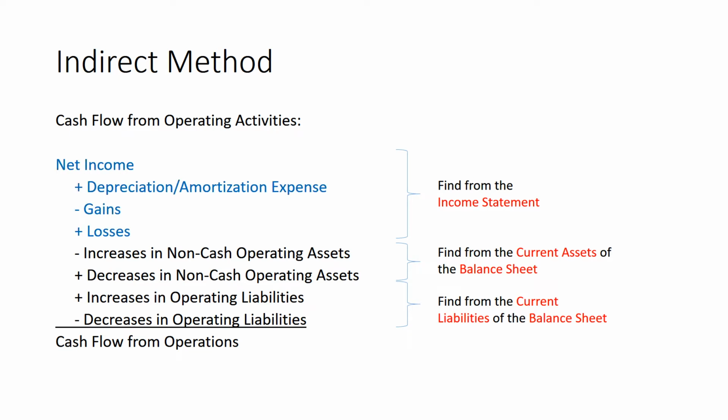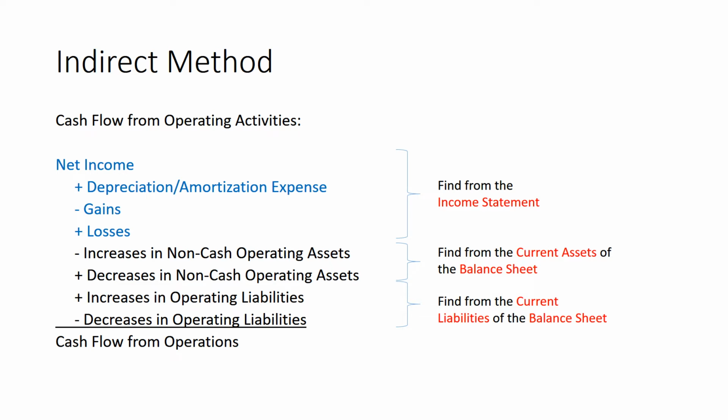We start off with net income. We add back depreciation expense or amortization expense, subtract gains, and add back losses. Notice that depreciation expense and losses both reduce net income, so we add them back. They have the same sign. And in contrast, gains increase net income, so we reduce it.